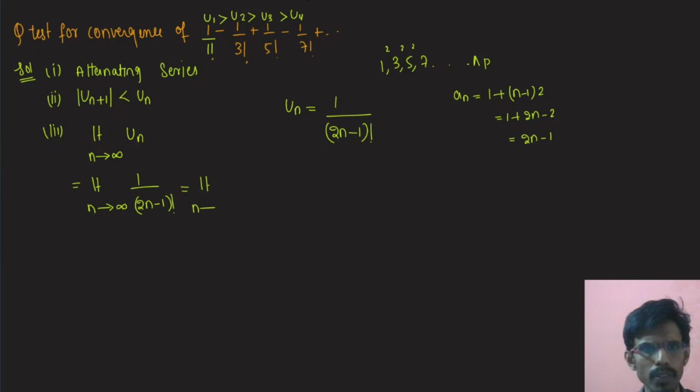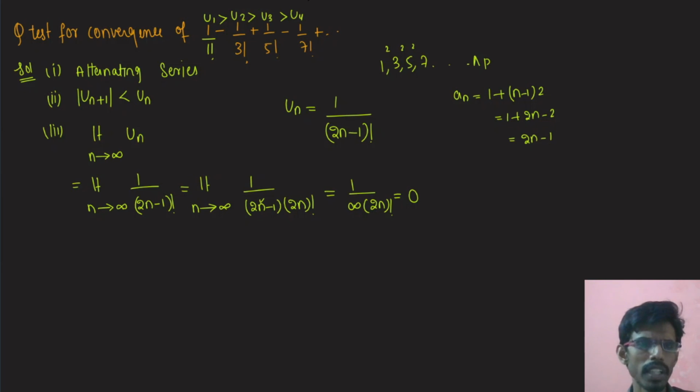This can be written as 2n minus 1 into 2n factorial. Now if I put infinite in place of n, we have 2 into infinite minus 1, infinite into 2n factorial, so that will be 0 only. So condition is satisfied, given series is convergent.